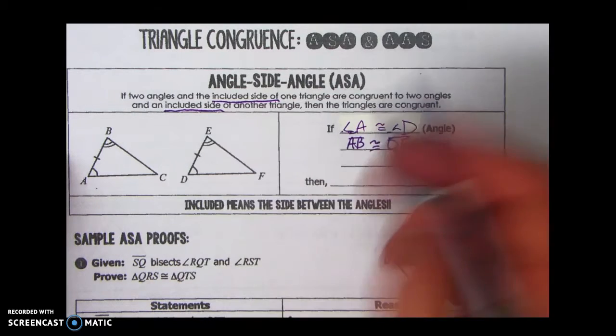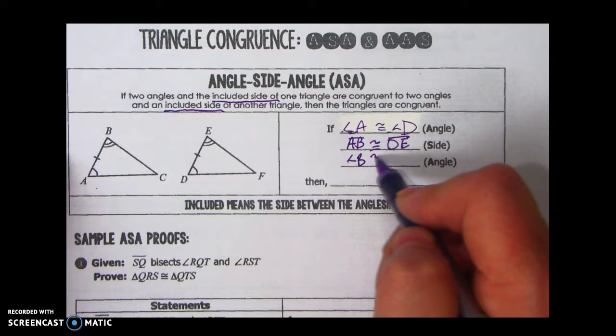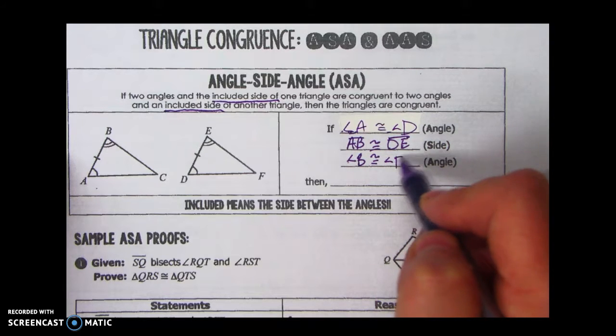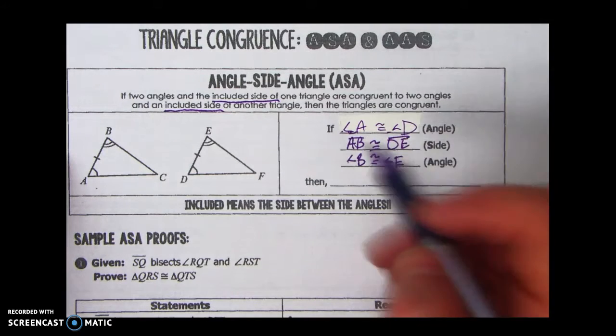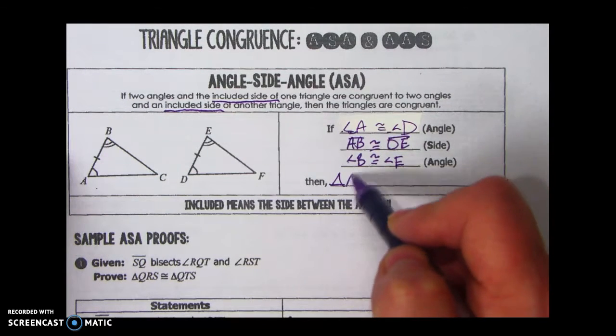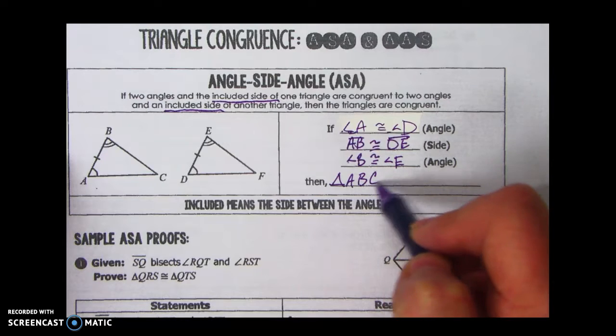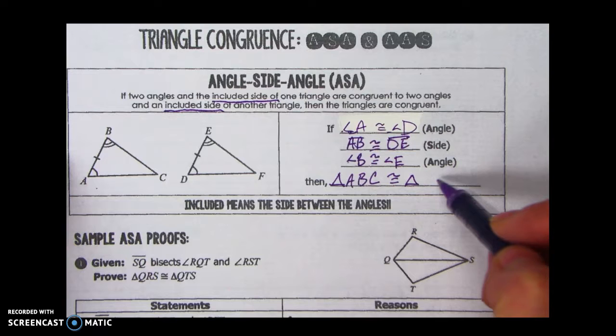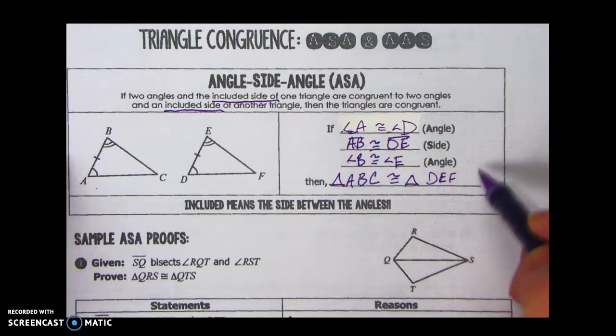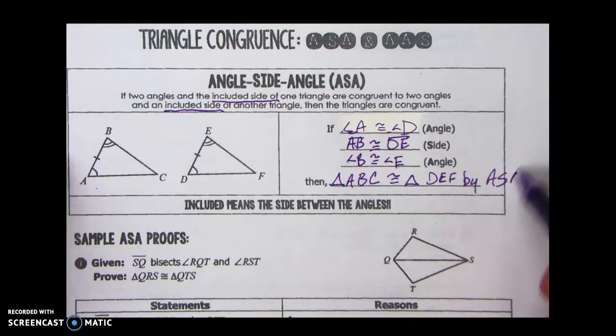Angle B is congruent to angle E. Once I have that, then I can state that triangle ABC is congruent to triangle DEF by angle, side, angle.